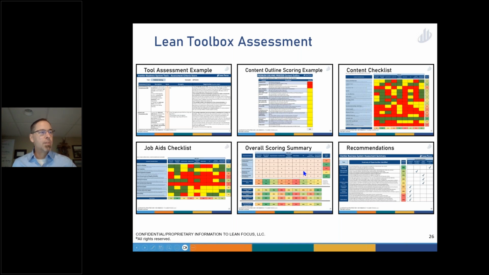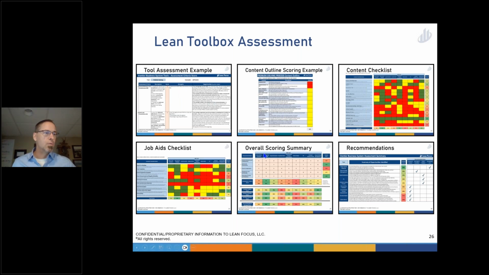And with all that, we provide a scoring summary for each one of these systems. You can see which elements or which systems you have really good materials, really good complete toolbox, and which ones have some work to do. And from the content that we provided, I don't think I covered that, but we're also providing those strengths of the materials as well as the opportunities.